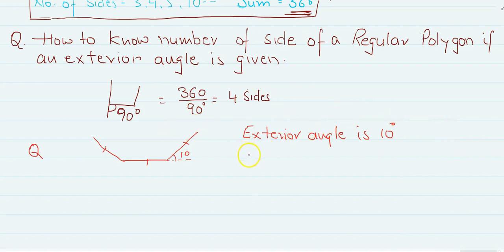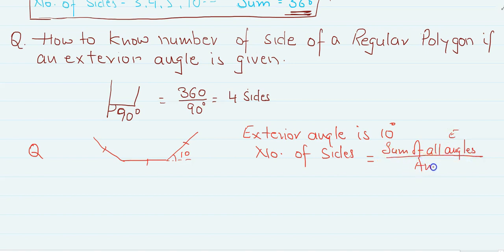So how many sides are there? So we have to find the number of sides. We know that the number of sides is equal to the sum of all exterior angles divided by any given exterior angle.